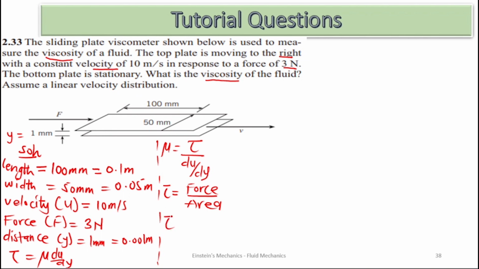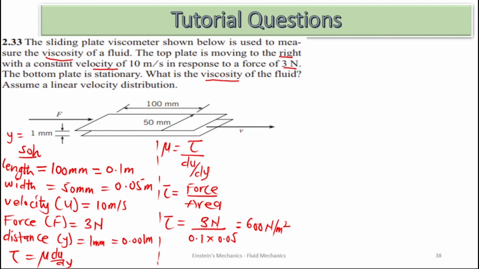So my shear stress is given as the force, 3 Newton, on the area, which is 0.1, the length, times the width, 0.05. And this gives me a shear stress of 600 Newton per meter square.